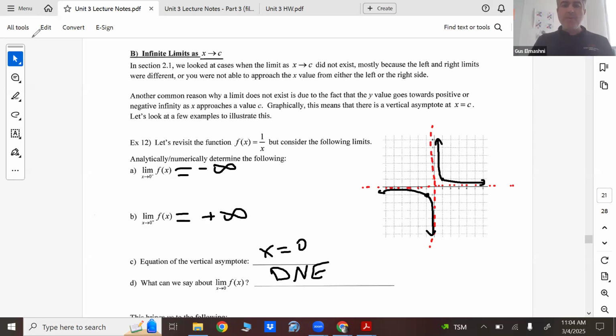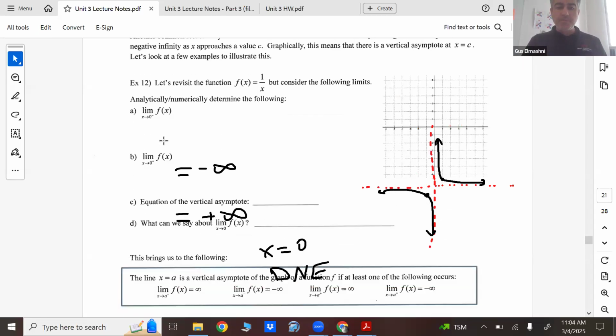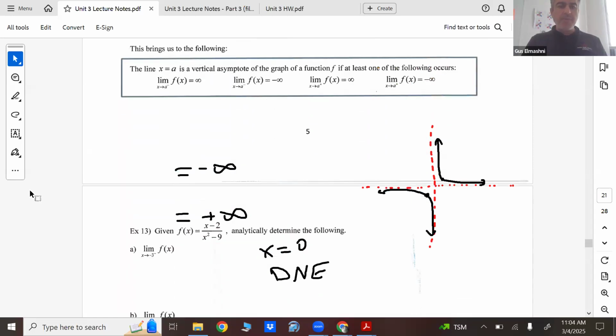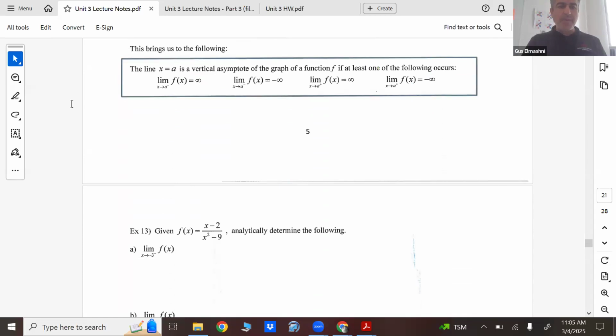So when x is approaching a finite value, but the limit is positive or negative infinity, that gives rise to a vertical asymptote. Right. So if we think about it, let me put the text box.